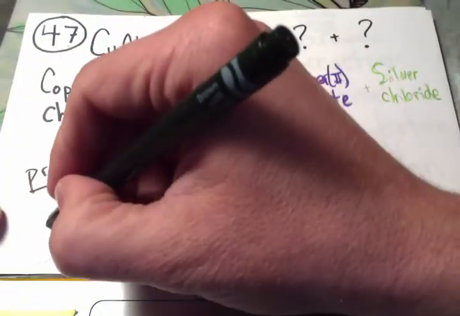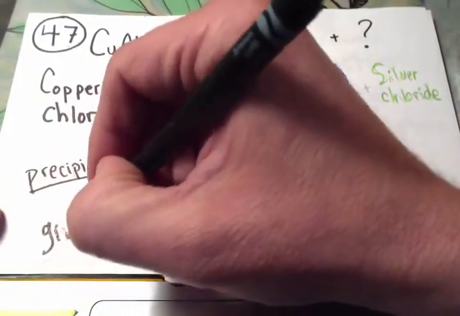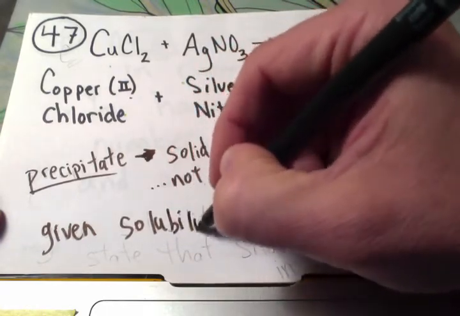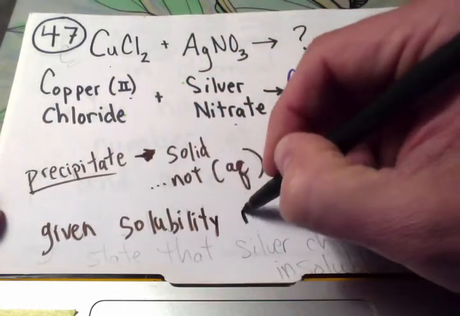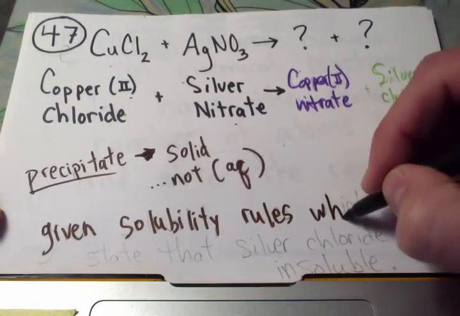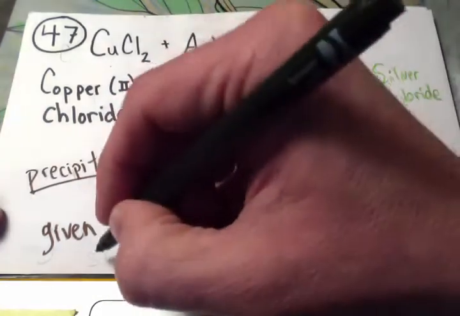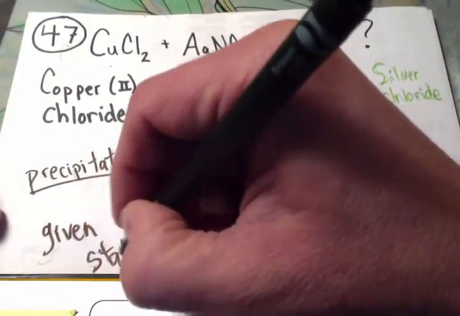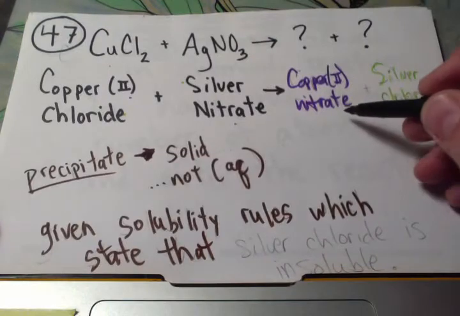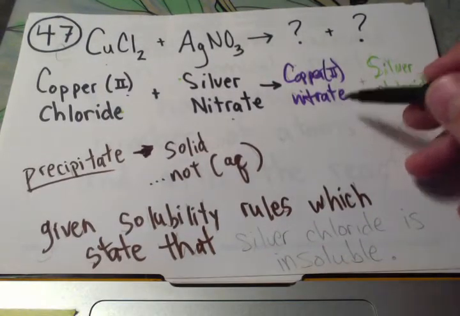Now the thing you're given is this chart of what is soluble. So you use the chart, and what does the chart say? It says, when you read those solubility rules, that nitrates are soluble.